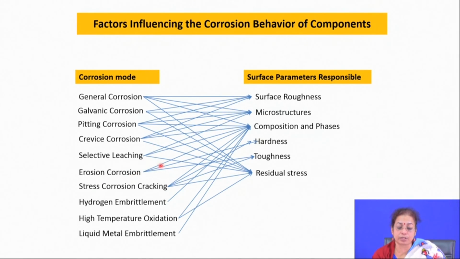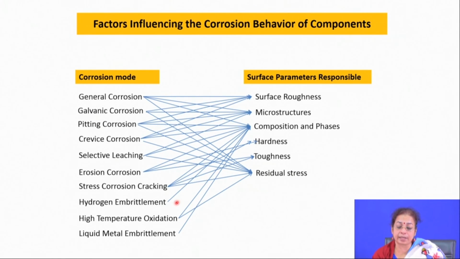For erosion corrosion, surface roughness, surface composition and phases, and hardness are very important. For stress corrosion cracking, surface roughness has some influence because it controls the initiation rate. Surface roughness, composition and phases, hardness, and also toughness play important roles.